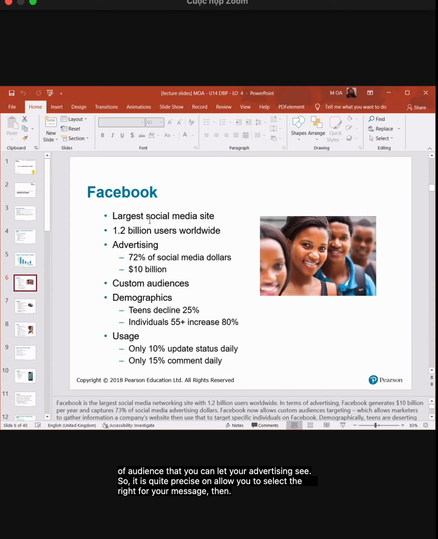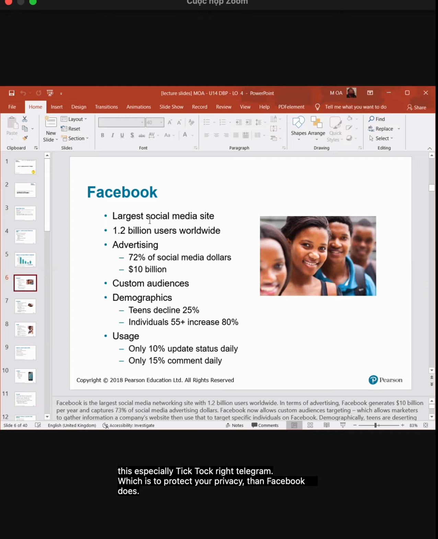Then, in terms of demographics, the trend is that young people are leaving Facebook for other social networks nowadays, especially TikTok, right, Telegram, which make it easier to protect your privacy than Facebook does.